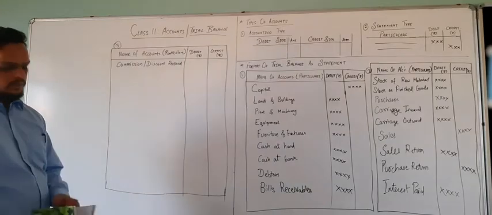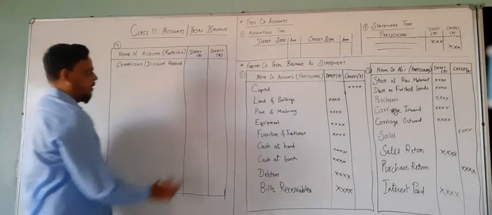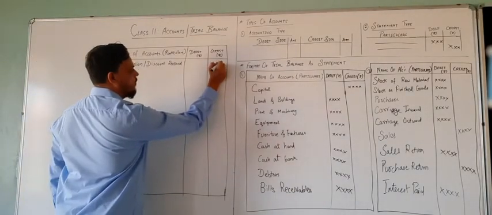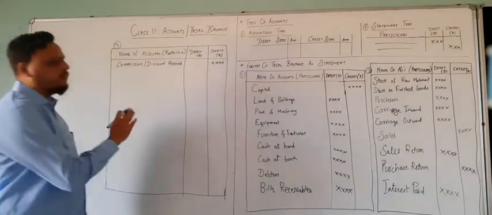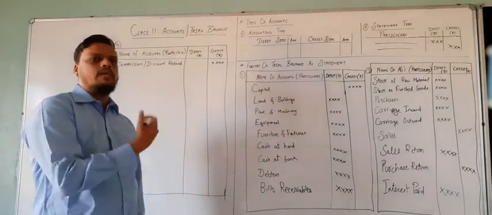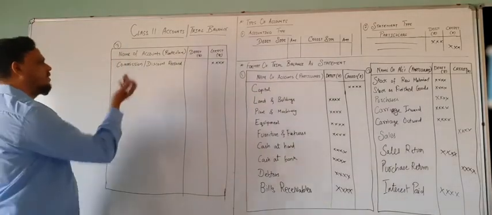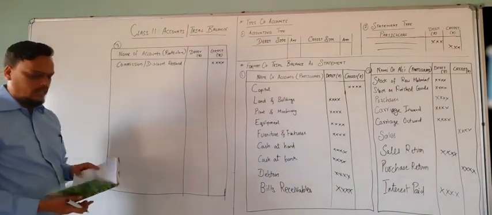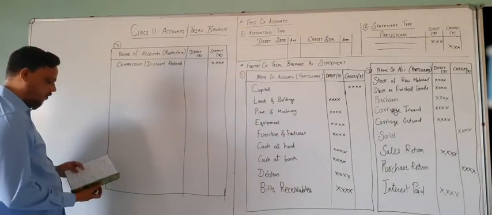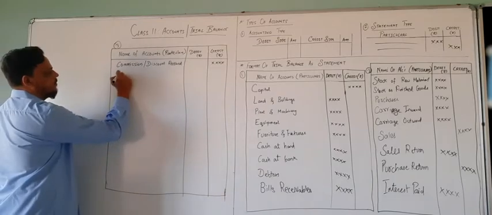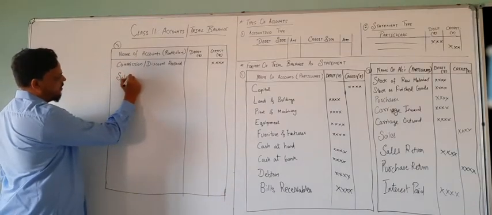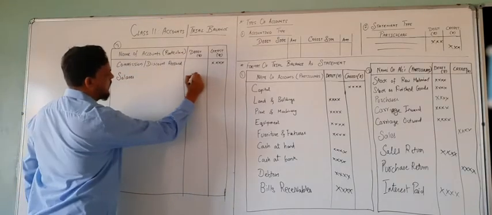If you receive a discount, the amount will be on the credit side. If discount and commission is allowed or given, then it will be on the debit side as usual. You know that. Now, carry forwarding, salaries. Salaries is ultimately a debit.